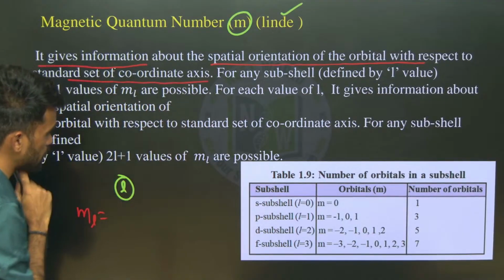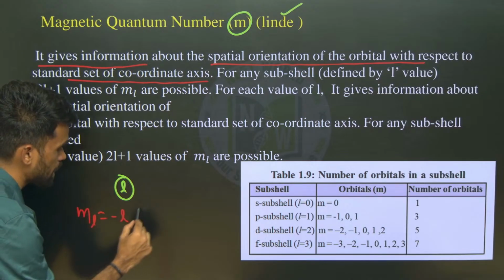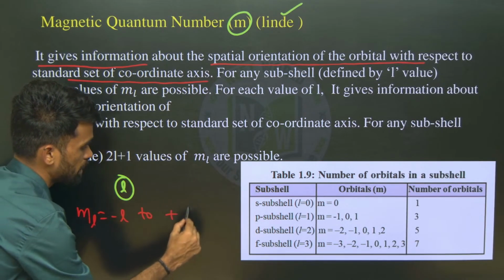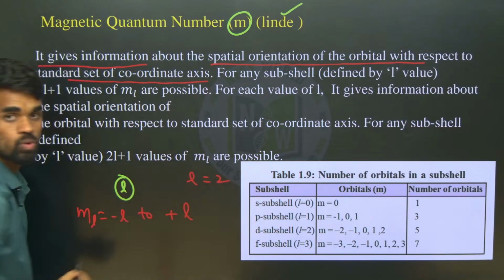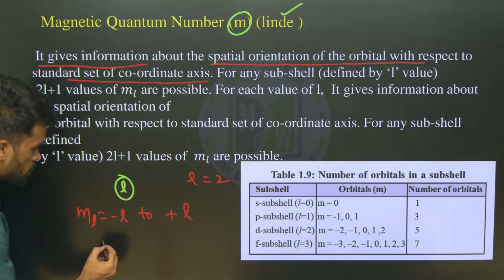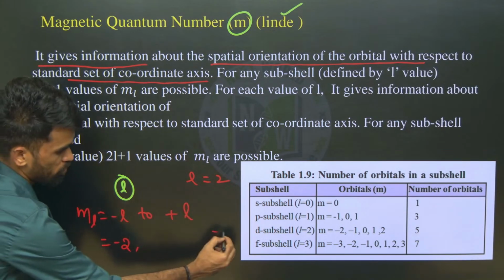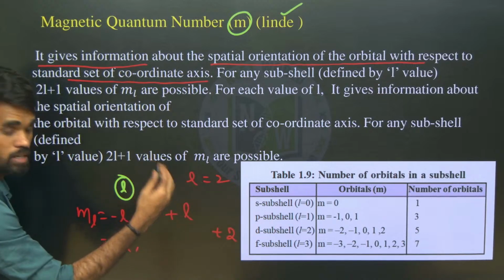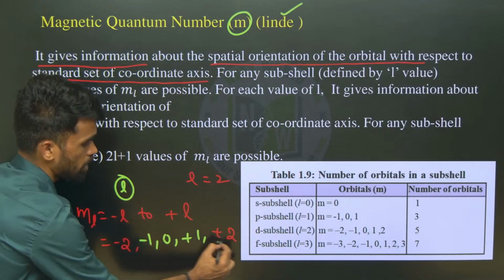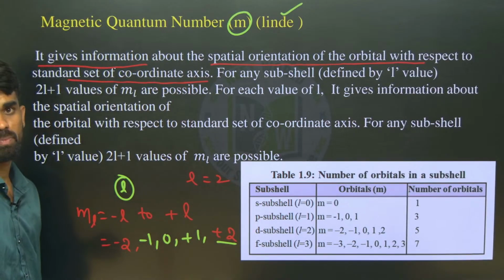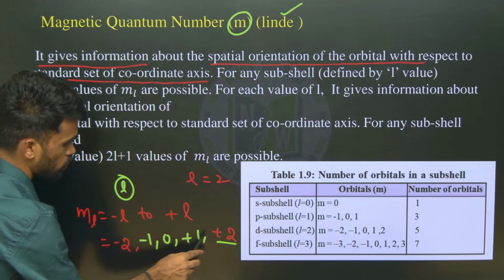For a given l value, ml values will be from minus l to plus l. For example, I have l equals 2. The possible ml values are minus 2, minus 1, 0, plus 1 and plus 2. So how many ml values did we get? 1, 2, 3, 4, 5.